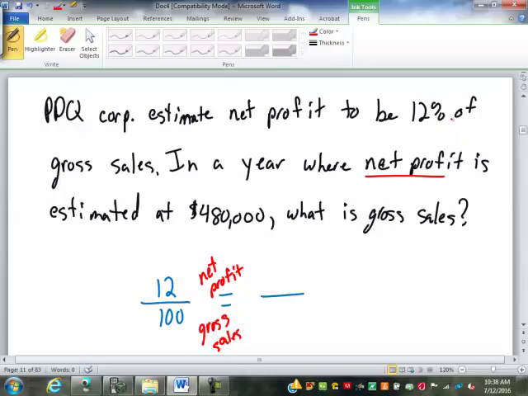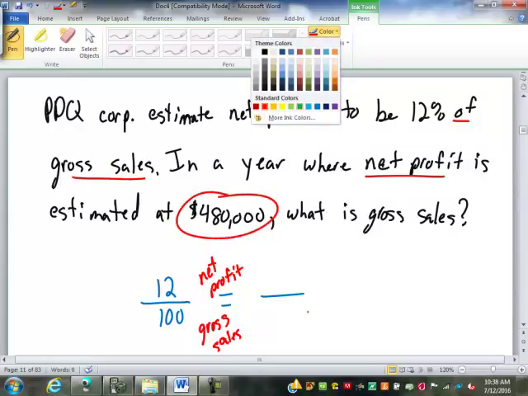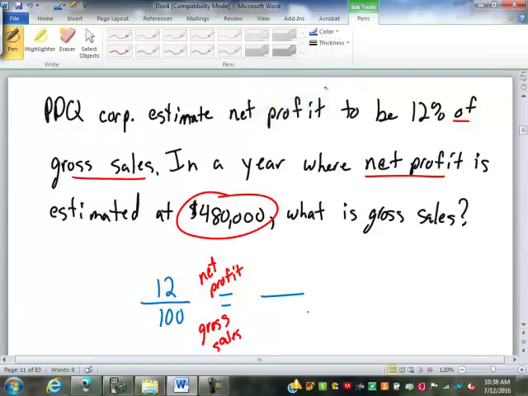Whenever it says 12% of gross sales or out of gross sales, that's telling you that the gross sales are the base, or what the 100% represents there. So now we have the 480,000. Does that represent gross sales or net profit? Net profit.